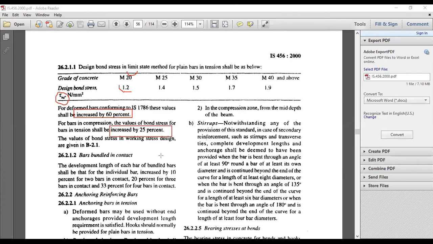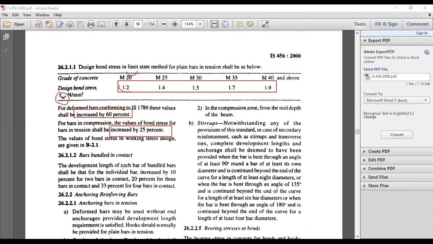So if the bars are in tension, we have to multiply the value of tau BD given in this table, 1.2, 1.4 and so on, by 1.6.